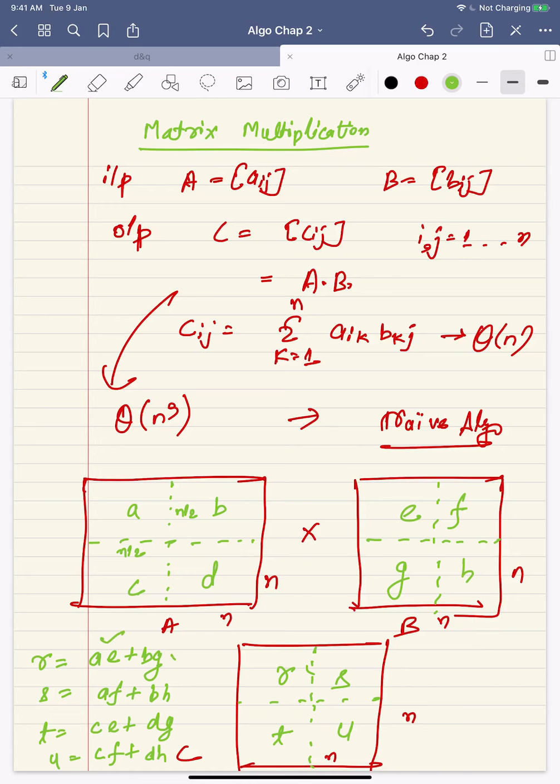So I have 1, 2, 3, 4, 5, 6, 7, 8 subproblems. I have 8 subproblems. Okay? And how much time will the combine, the additions, take? They are all n square elements, and if you add matrices of size order n square, it takes order n square. Right? Element you add one by one, so order n square.